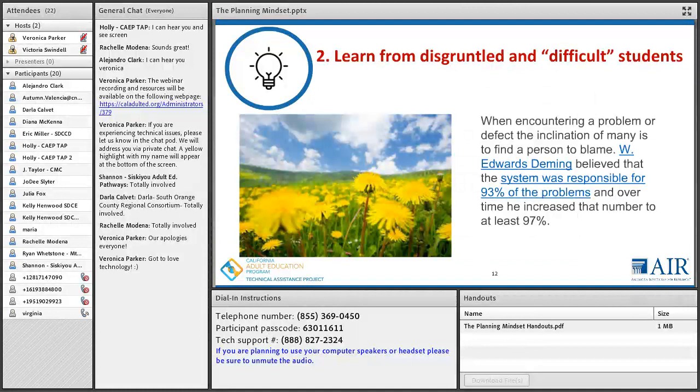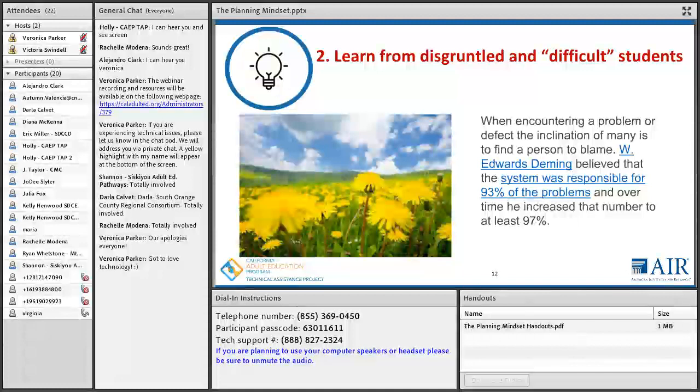And if you go to the next slide, those of you who are familiar with Edward Deming and continuous process improvement know that there are many people, not just Edward Deming, but many others who came after him, who believe that somewhere between 90 and 97% of the time, when you have a student or a customer or a staff person for whom something goes wrong, it's probably not that person.